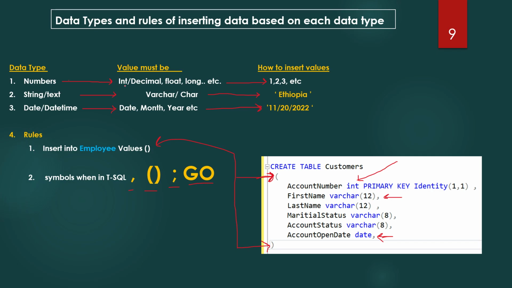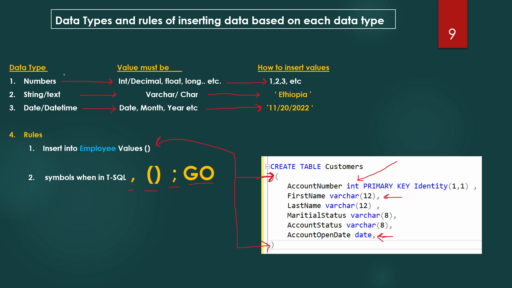Is it integer? Is it decimal? And actually, SQL Server has money. So if you have a salary column, you can pick money or decimal, whichever you want, and float. When you insert the value after creating, you don't put quotation marks around it.